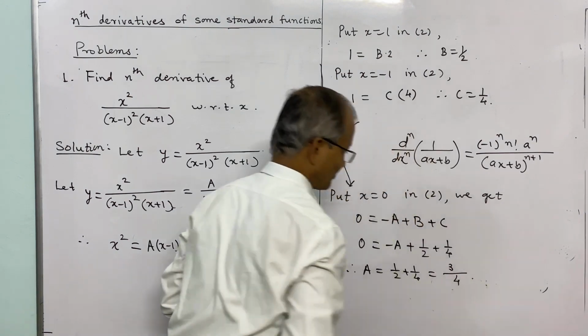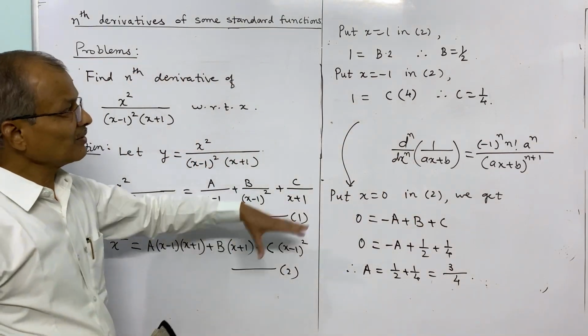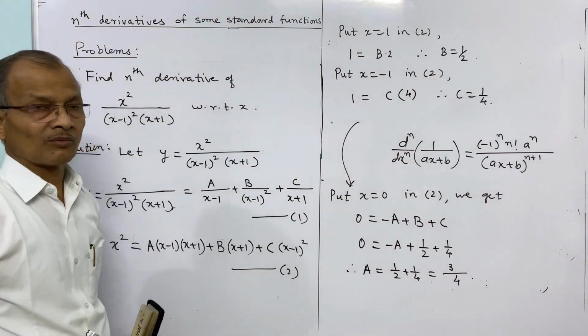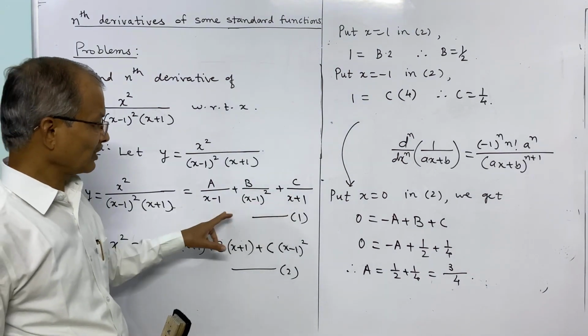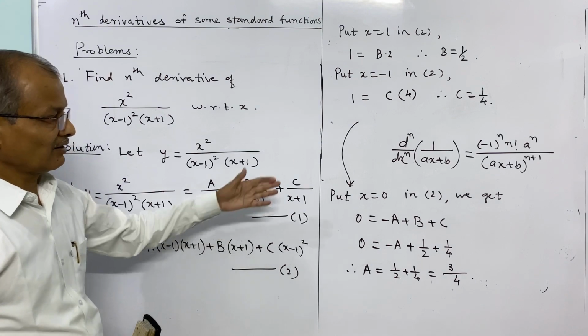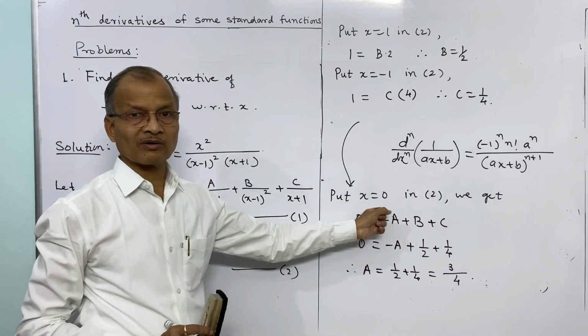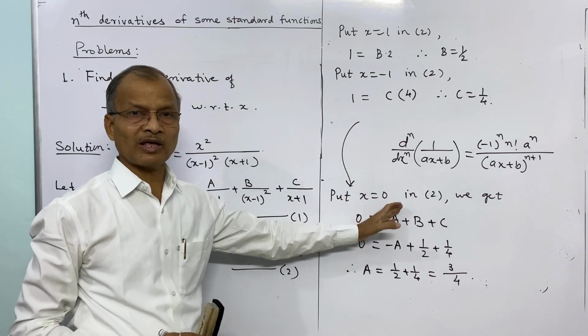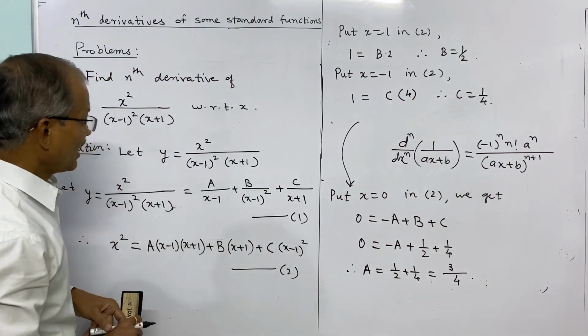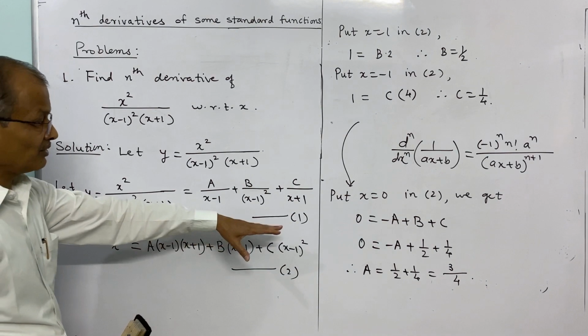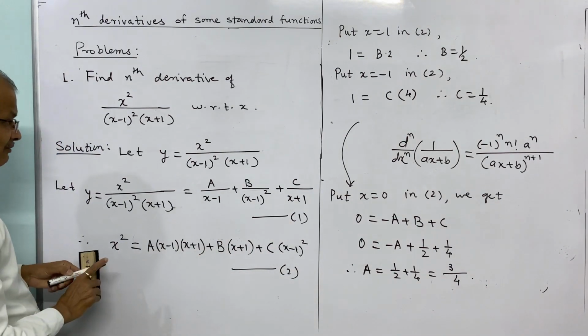A is 3 by 4. And thus you should verify how the values are obtained for a and b. We have 3 constants and one extra condition, so any value of x can be put in the second equation to get the result. And we put these values of a, b, c in 1 and we get y.